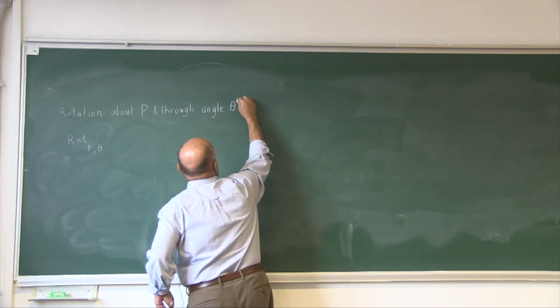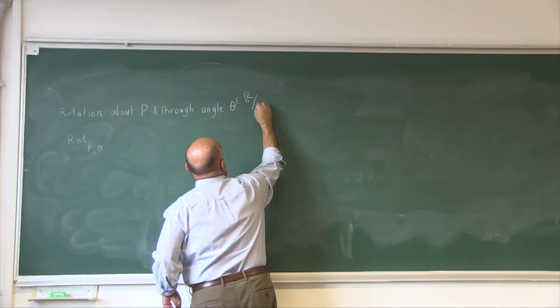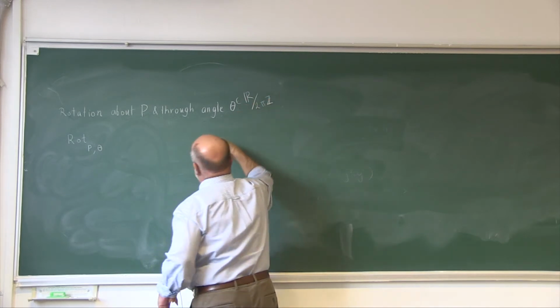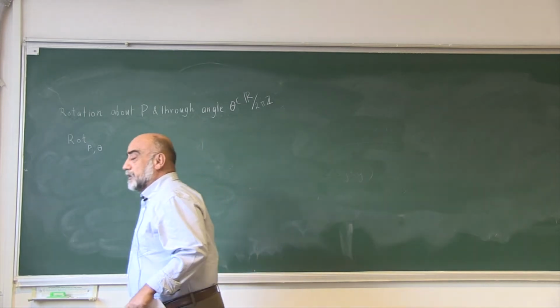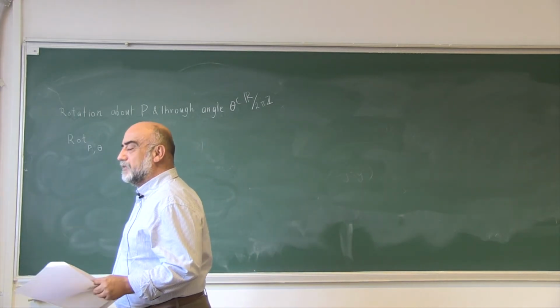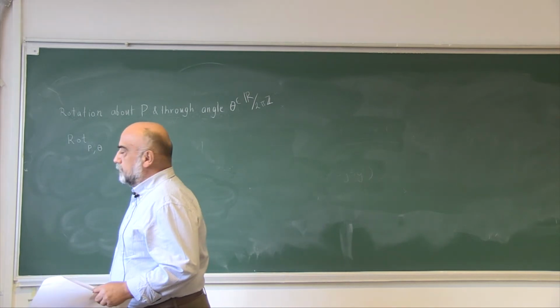So this is an element of the additive group R by 2 pi Z. So theta, the angle, we consider to be just a real number, and we consider two such real numbers to be the same if they differ by an integer multiple of 2 pi.